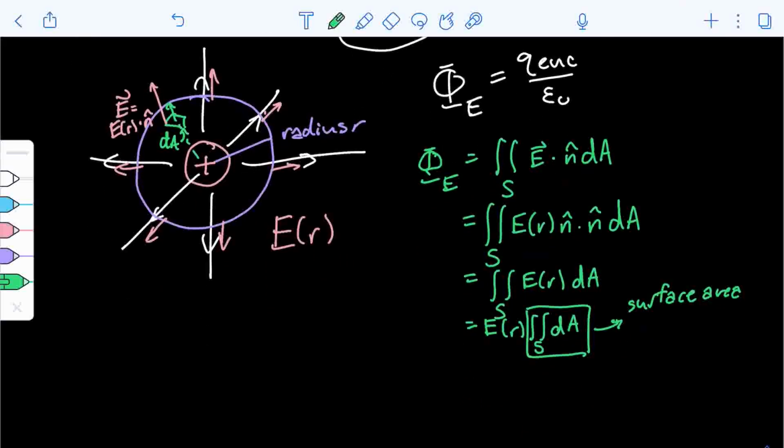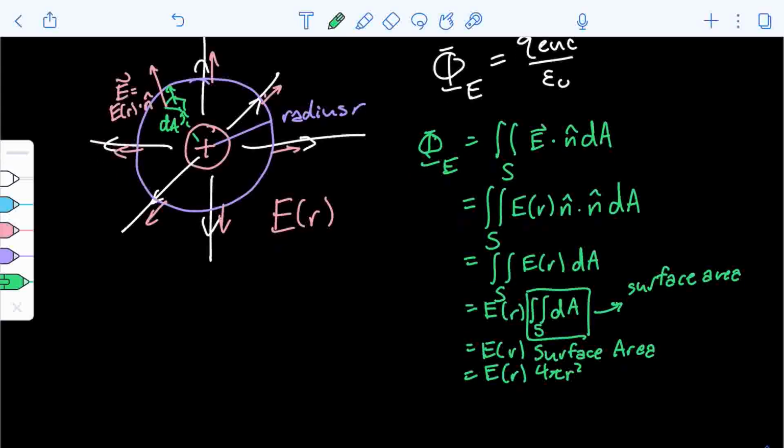Okay, so scrolling down, we can write that E of r times the surface area. The surface area of a sphere is 4 pi r squared. Cool. So next, we found what the electric flux is.